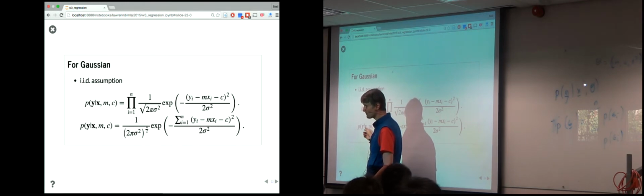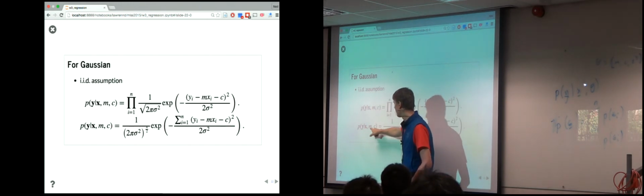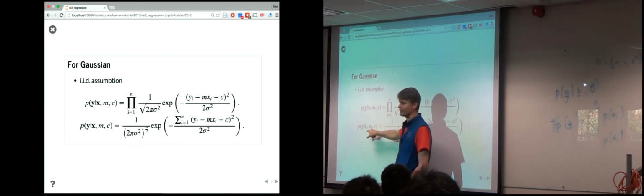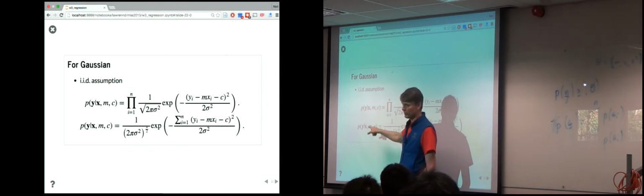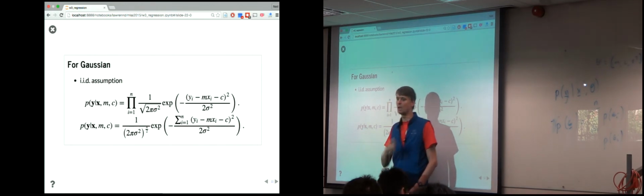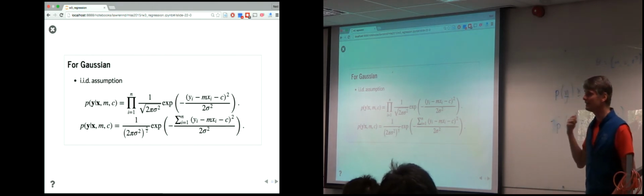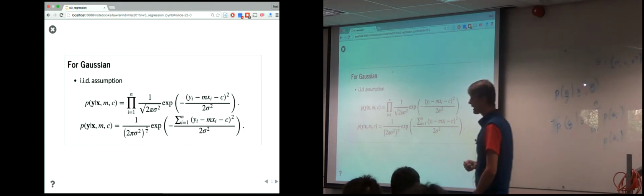We're maximizing it with respect to these parameters, trying to find a slope and an offset such that the probability of y is maximized. So the probability of the data we observed is at its highest.